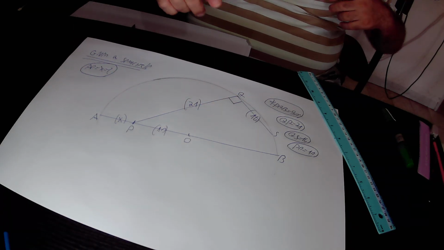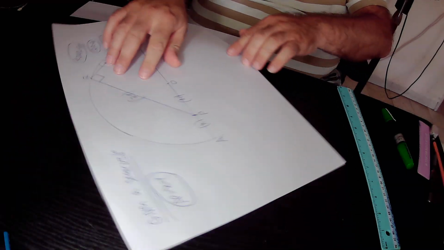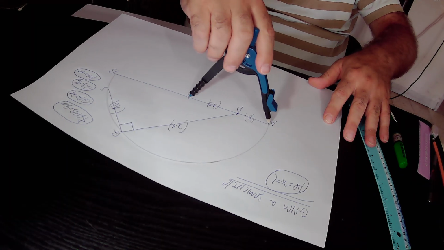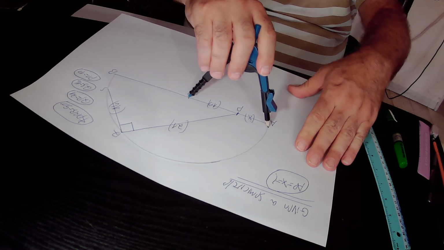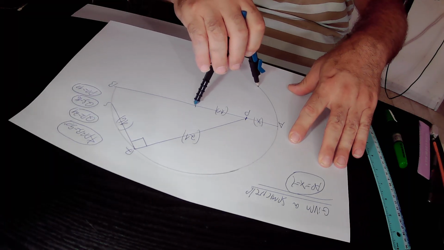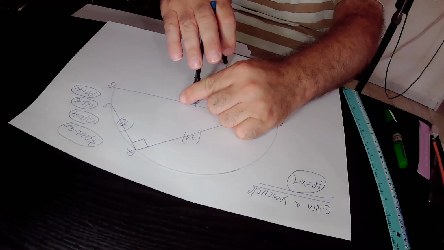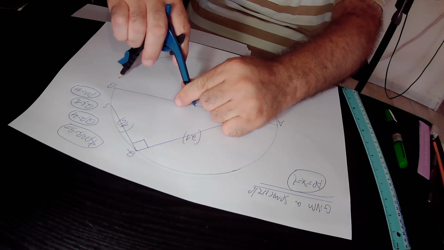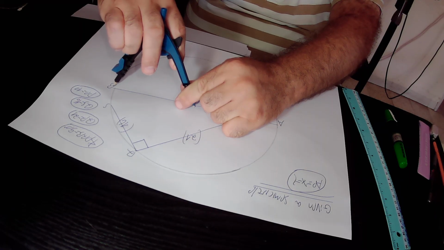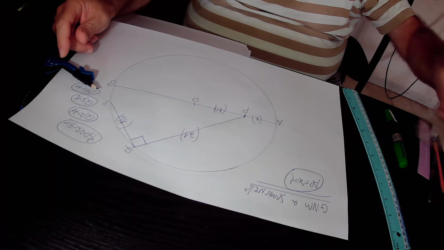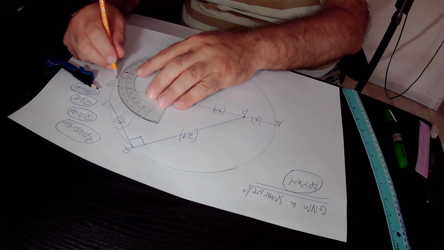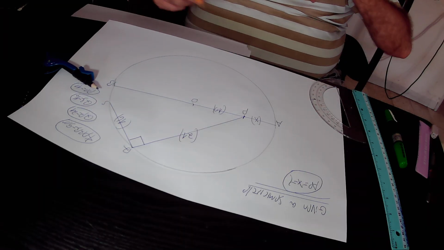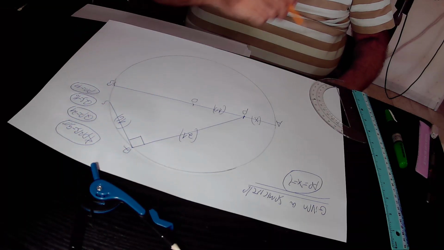So first of all, we will complete this semicircle to a circle. So we completed the semicircle to a circle, and we will extend line segment QP by a sideline until it touches the circle.